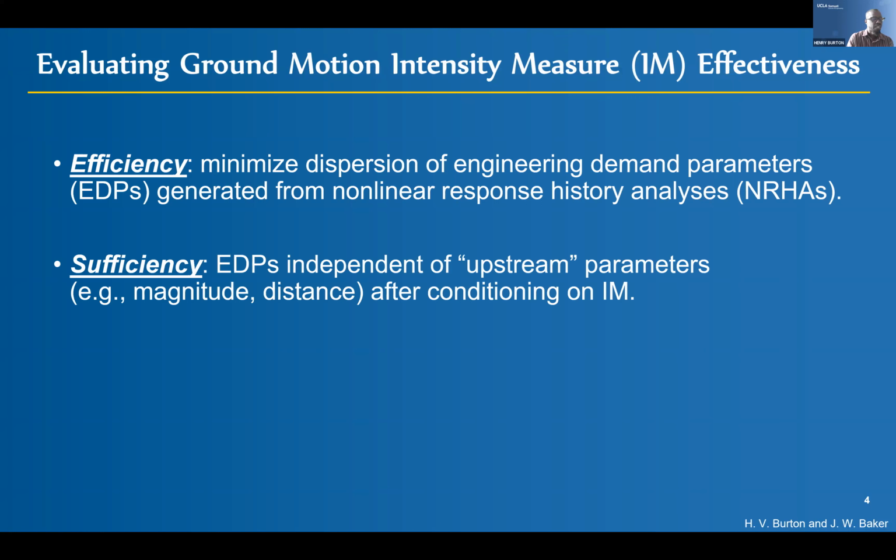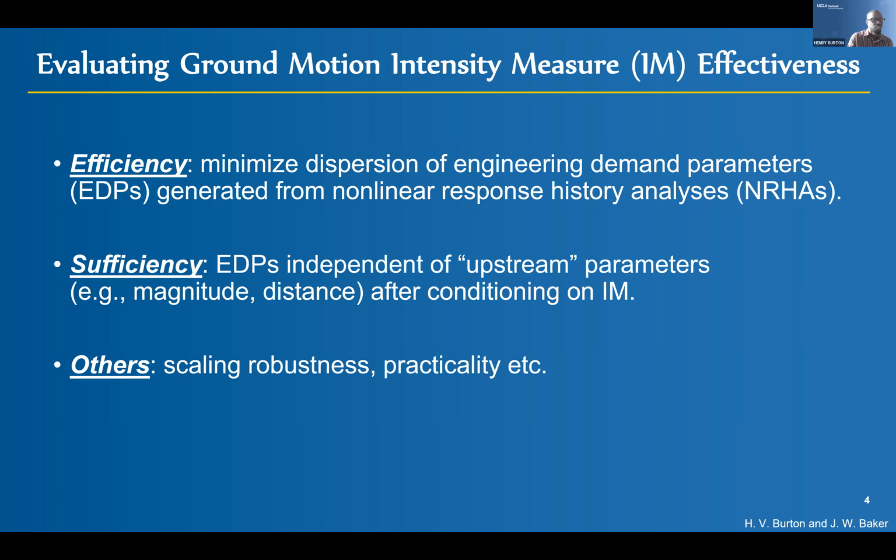The sufficiency criterion is also one that is often used along with efficiency. We say that a sufficient IM is one that produces EDPs that are independent of the upstream parameters used in ground motion models after conditioning on that IM. These upstream parameters are things like the earthquake magnitude and source to site distance.